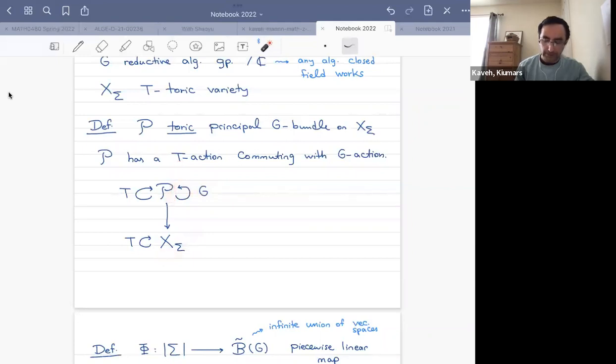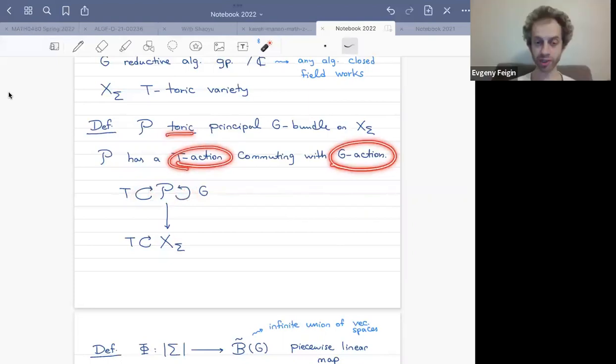So each fiber is a copy of G. That is the definition of principal G bundle. Toric principal G bundle means the action of T lifts to an action on P such that this action commutes with the G action. We write T on the left and G on the right at the actions. So the only requirement is that the T action commutes with the G action.